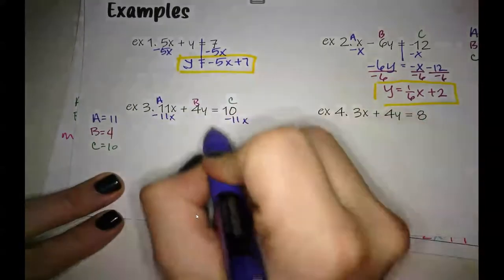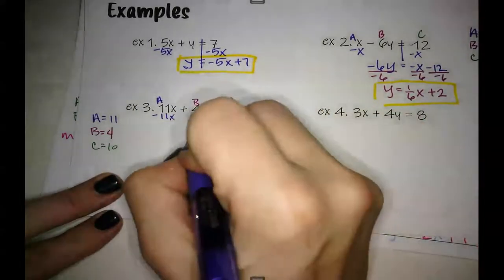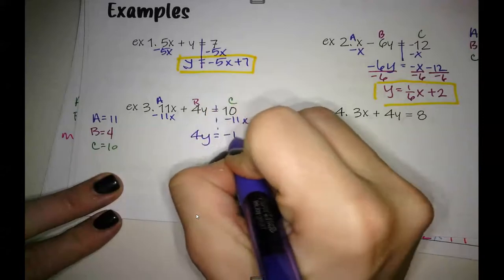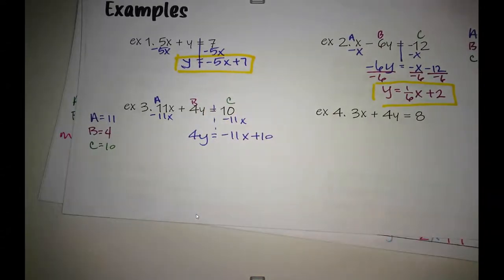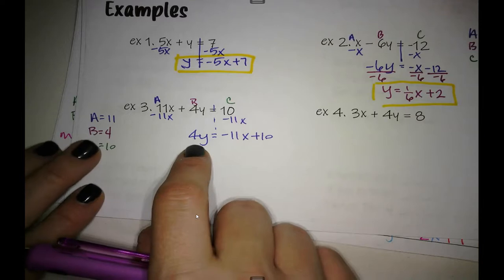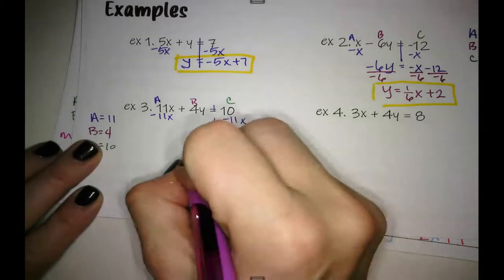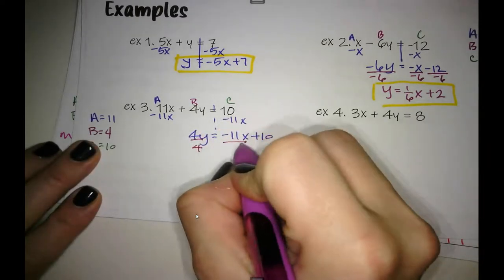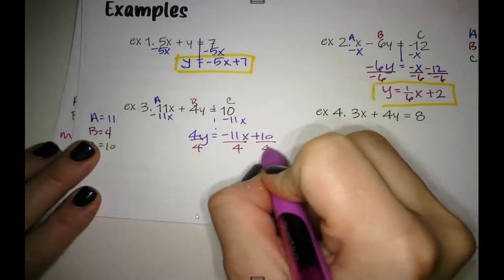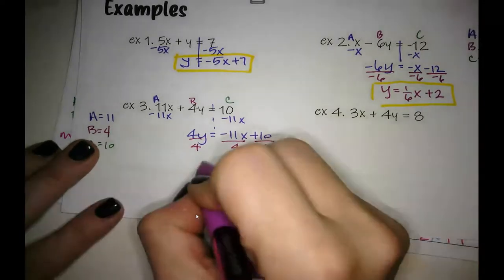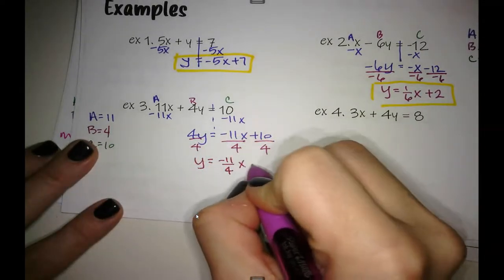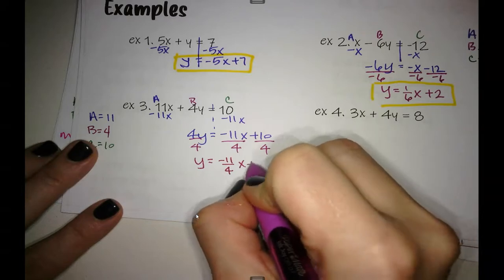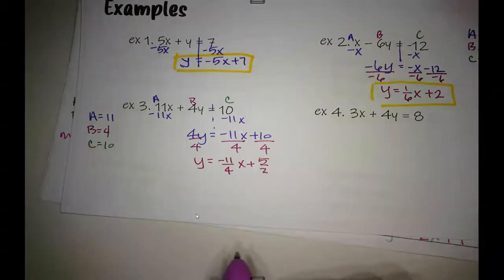Subtract it from this side of the equal sign. 4y equals negative 11x plus 10. Now I've got to divide by that b, which is 4. Divide this by 4, this one separately by 4, and this one separately by 4. Left with y equals negative 11 over 4x plus 5 over 2.